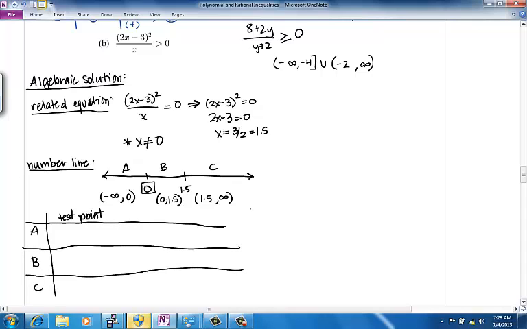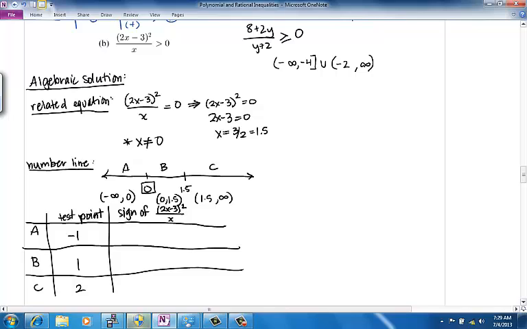So we want to test the sign of 2x minus 3 squared over x. Notice the numerator is always going to be positive because it's squared, right? Choose a test point. I'll take negative 1 in interval A, 1 in interval B, and 2 in interval C.